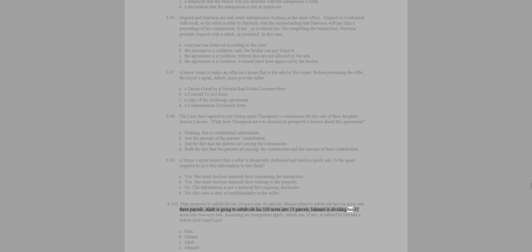Ishmael is dividing his 35 acres into 2-acre lots. Assuming no exemptions apply, which one, if any, is subject to Nevada subdivided land law? A. Max. B. Minnie. C. Ahab. D. Ishmael.